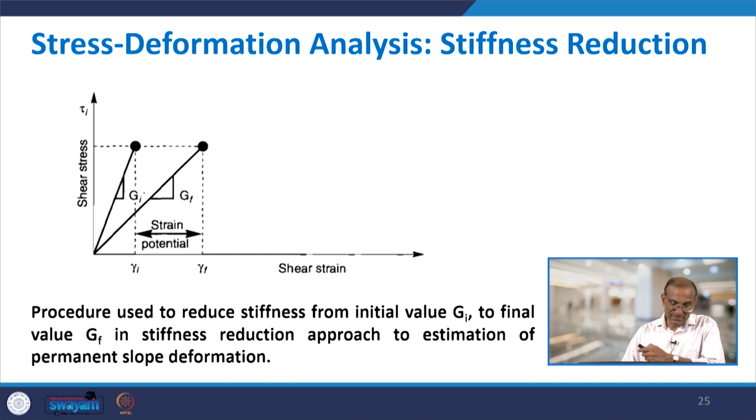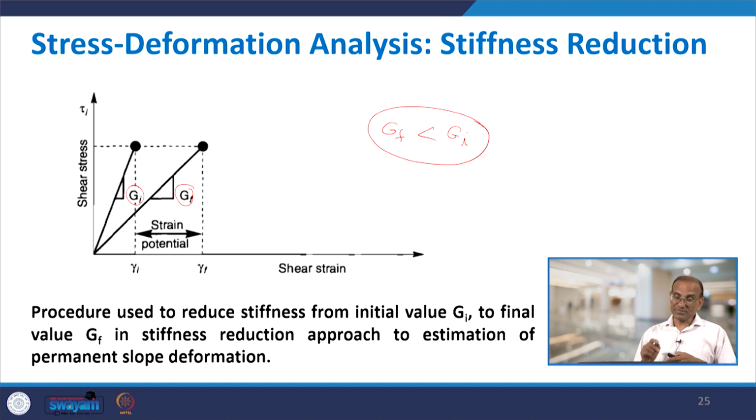In the first case you have the shear modulus equal to GI, the initial shear modulus, while in the second case the shear modulus is GF. Naturally, the slope of the second line is less than the slope of the first line. So, the final shear modulus GF will be smaller than GI, and once it is smaller, what will happen?